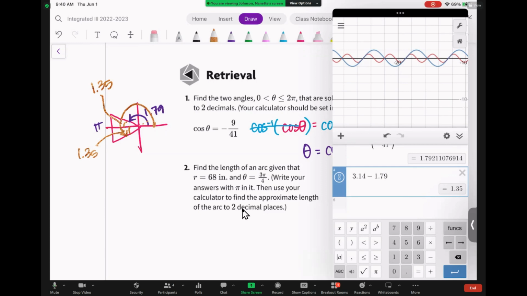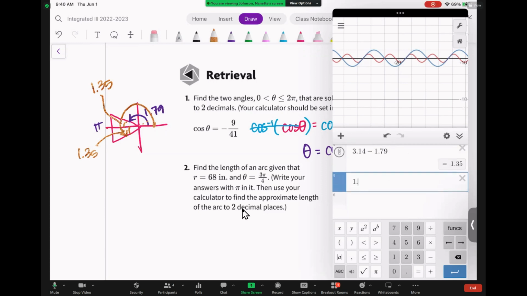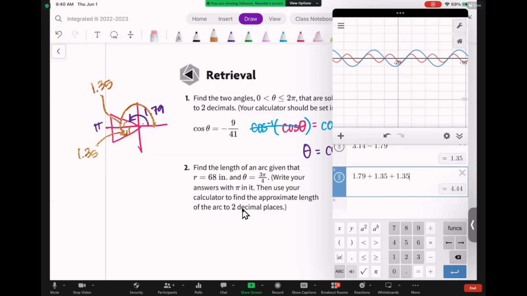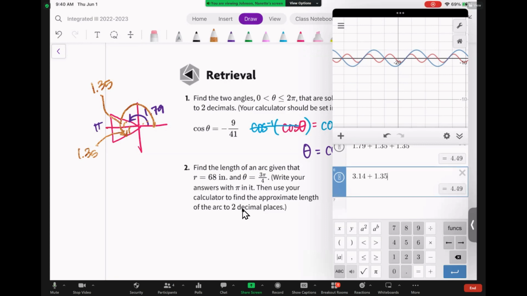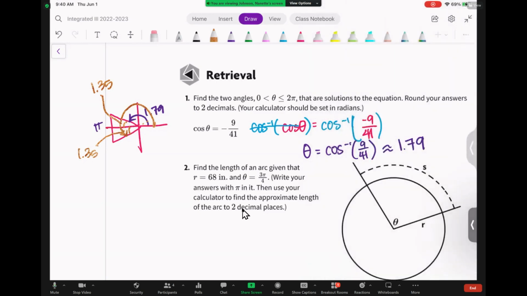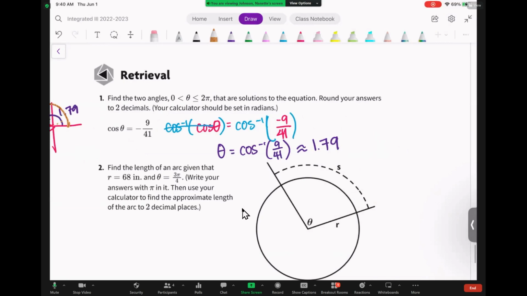Someone said we could do 1.79 plus 1.35 plus 1.35, exactly. Another way is 3.14 plus 1.35, and you get the same answer. Whichever way makes sense to you is the way you should do it. My job is to show you different ways so that your learning grows. So my other answer would be 4.49.